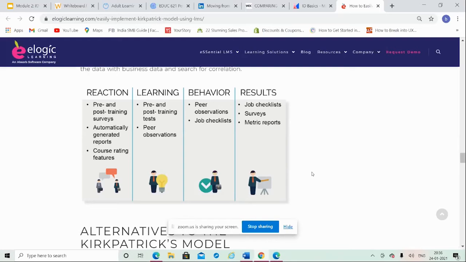The behavior part you can do via observation and job checklists. And I think the behavior part is difficult to measure, so it needs a lot of effort from the supervisors. Then you have the results part. You will have the metric reports, the surveys, and the job checklist. How was it effective or not, and to what extent it was effective.